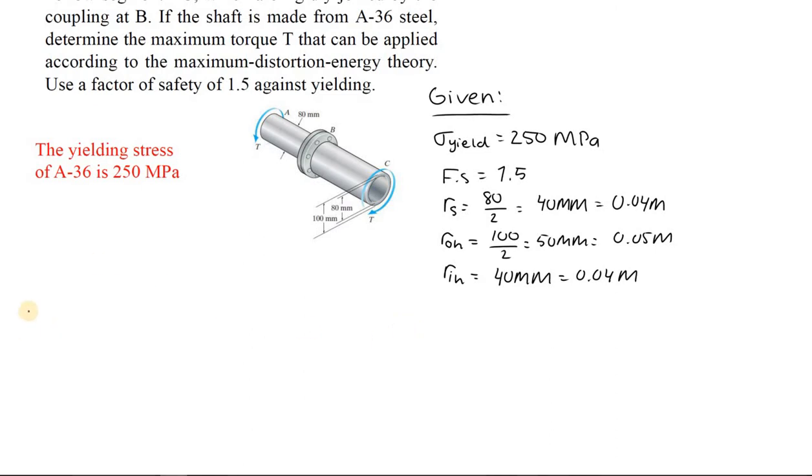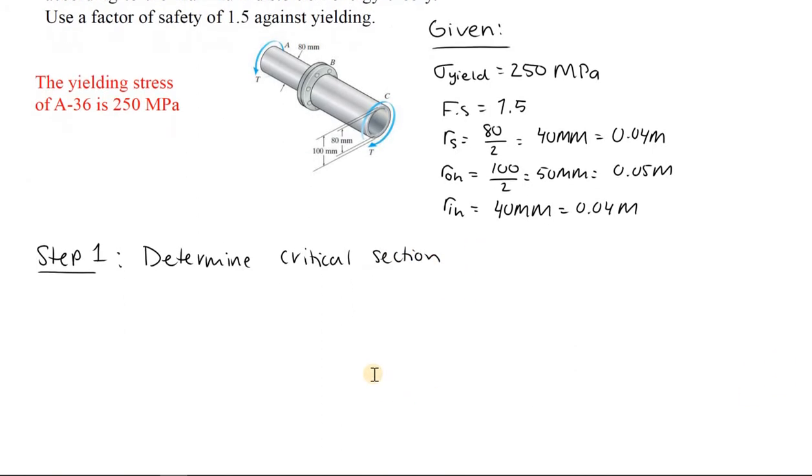So the first step that we want to do is to determine which part is the most critical part. So it's going to be the hollow or the solid. Before we start doing the calculations, I'm just going to draw a little easy free body diagram.